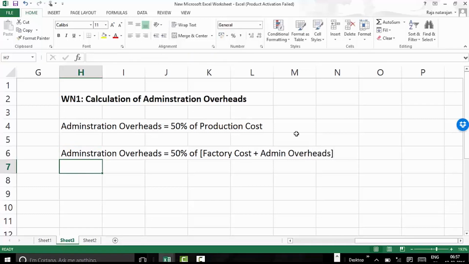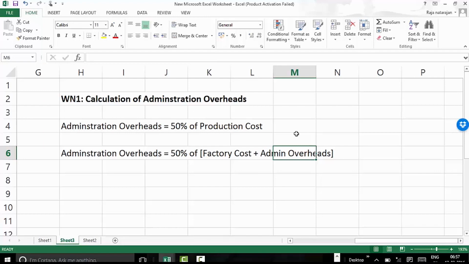Okay, so now we know what is factory cost, we have just calculated. So factory cost plus admin overheads makes up the production cost, and 50% of this production cost is actually admin overheads. So how to understand that?